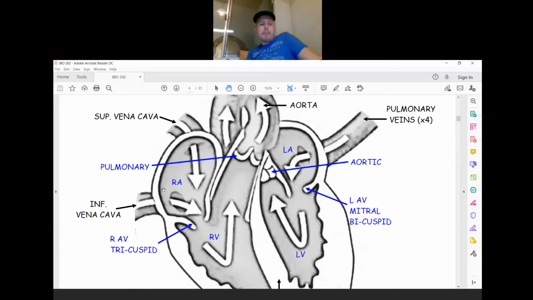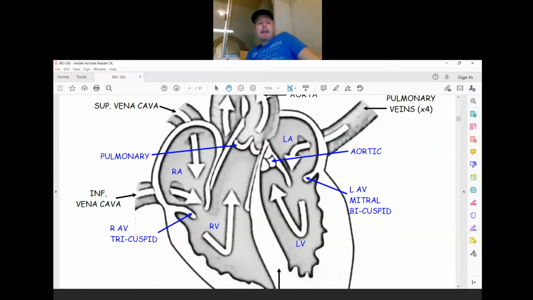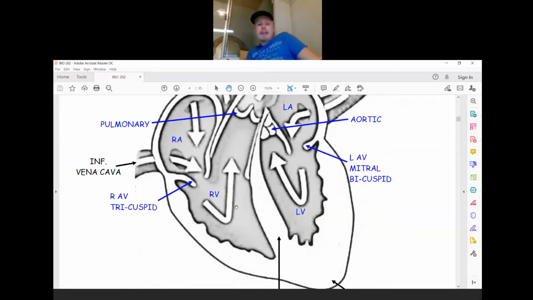Right atria, where the blood comes from the systemic circulation, this blood is going to be de-oxygenated, so little oxygen in this blood. It receives the blood from the inferior vena cava and superior vena cava. Superior and inferior vena cava fill the right atrium with blood, and once the right atrium has been filled, the blood moves from the right atrium to the right ventricle, and this is complemented by the contraction of the right atria as well.